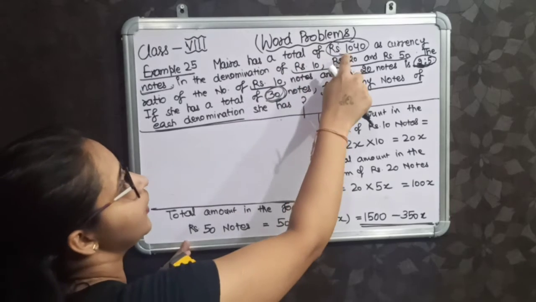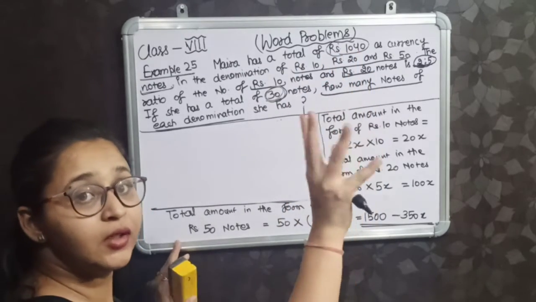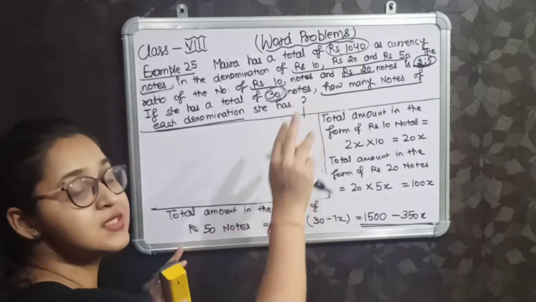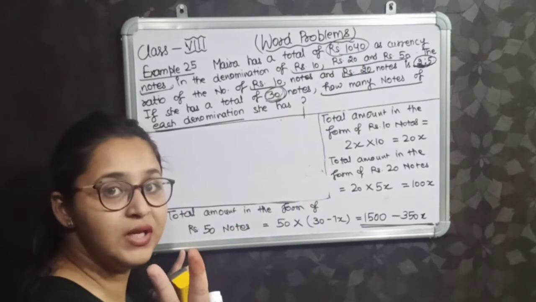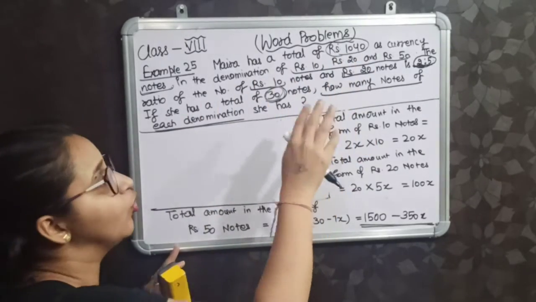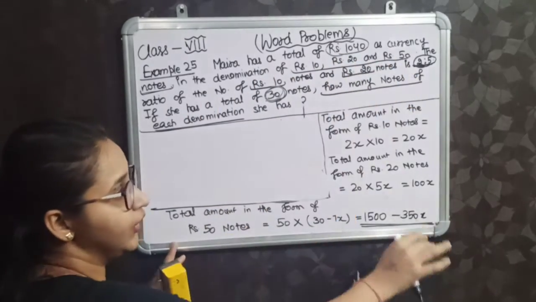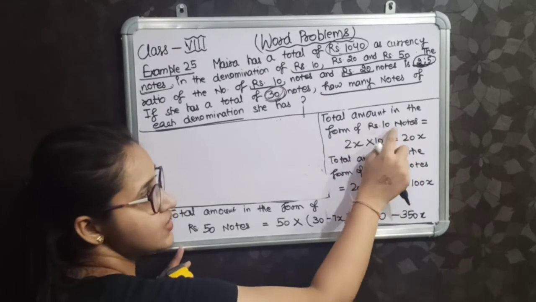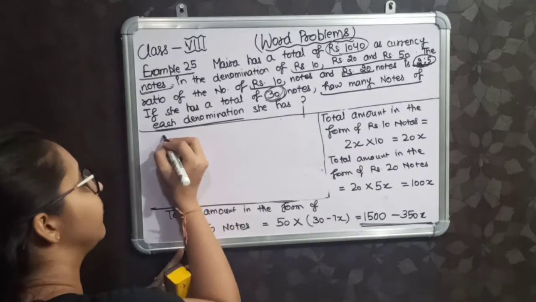Myra has a total of rupees 1040. It means the total amount that Myra has is 1040 rupees, and she has this amount in the form of three types of notes: 10, 20 and 50. Now come to the amount. The amount of rupees 10 notes is 20x.